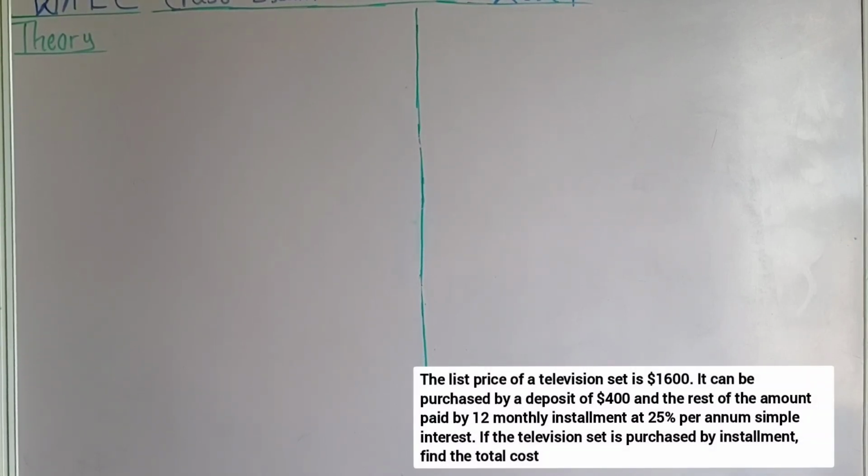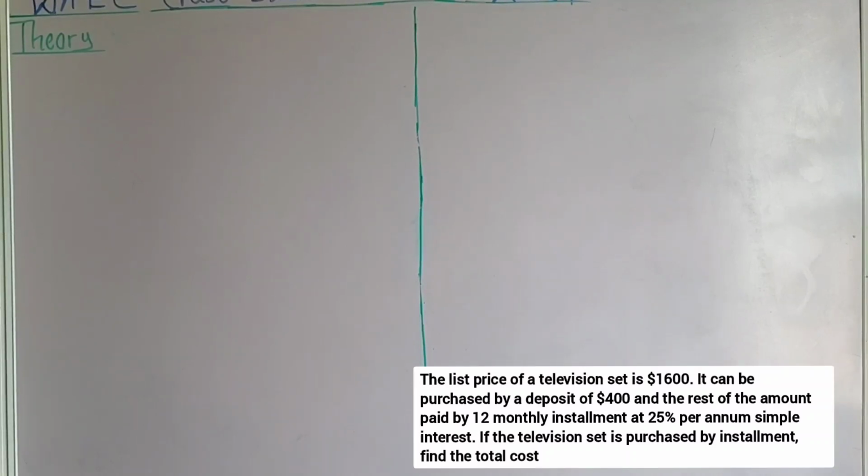It can be purchased by a deposit of $400 and the rest of the amount paid by 12 monthly installments at 12% per annum simple interest. If the television set is purchased by installment, find the total cost. Okay?